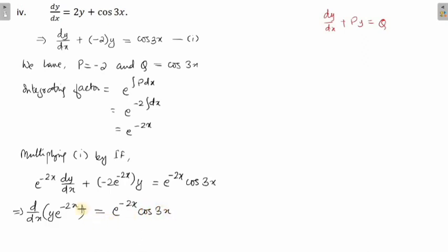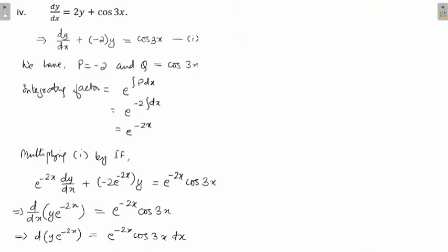Now let me separate the variables. So when you separate the variables, it becomes d of y e to the power minus 2x is equal to e to the power minus 2x cos 3x dx. That's what we are going to get. Now the next step is to integrate both sides. So let me erase this part for you.